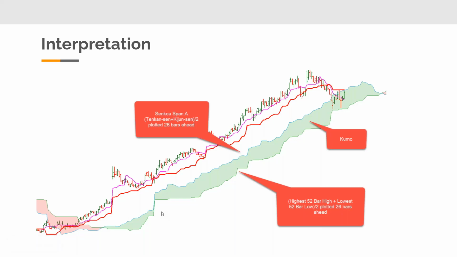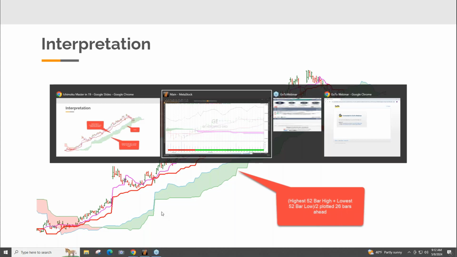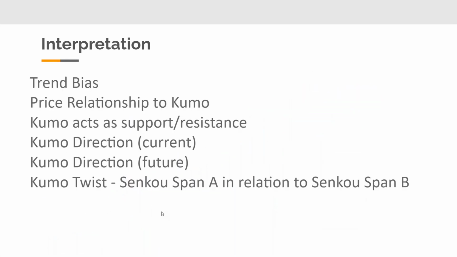I'm going to go back to the PowerPoint, go one bar ahead and talk a little bit about trend bias and how you can use this. So one of the ways you can use the Ichimoku, the Kumo, we'll just call it the Kumo right now, is as a trend bias.